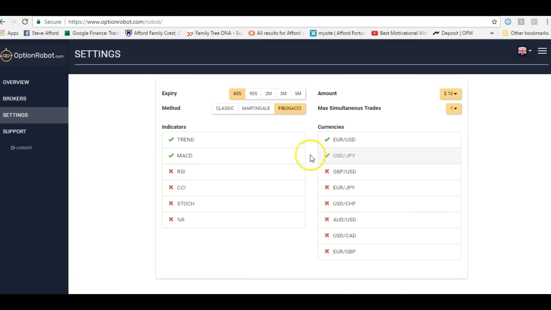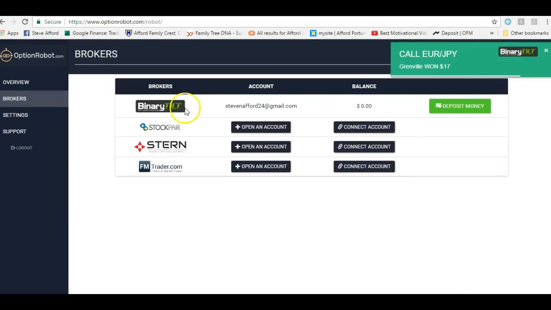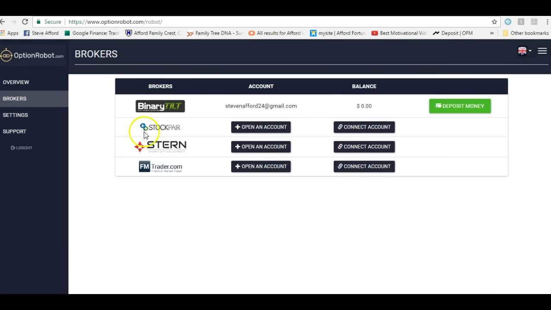Now, depending on which broker you're with, I suggest that whenever you sign in with one of the brokers that's been recommended by the software, you sign up only with the brokers the software has recommended for you. These are the only brokers I'm allowed to use here in Australia.